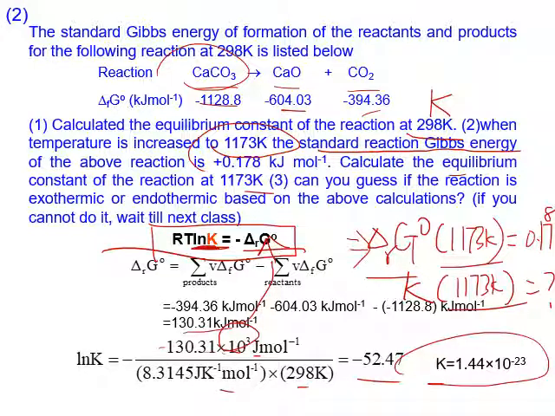In this equation, delta G is at 1173 Kelvin, and the temperature is 1173 Kelvin. The equilibrium constant can be calculated at 1173 Kelvin, which is shown in the next slide.